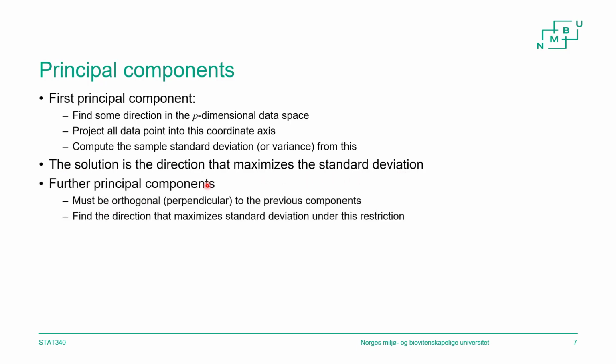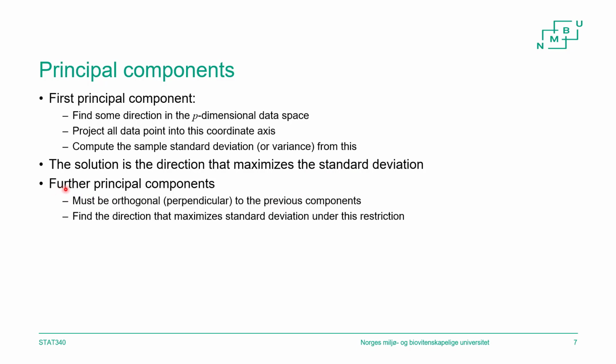And then for the further principal components after the first one, when you go hunting the second one, you do exactly the same, but with this restriction: it must be orthogonal, which is perpendicular, to the previous component. So the second component must be perpendicular to the first one, but of all the directions that are, you find the one again with the maximum standard deviation.